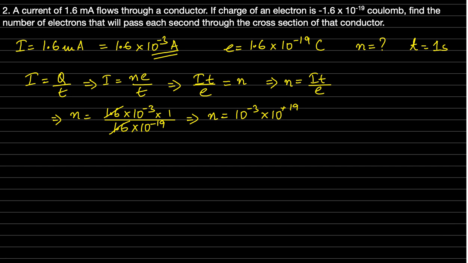So plus 19 minus 3 is 10 to the power of plus 16. So we get the value of N as 10 to the power of 16. And since this is a number, there will be no unit for it. We will just leave it as 10 to the power of 16.